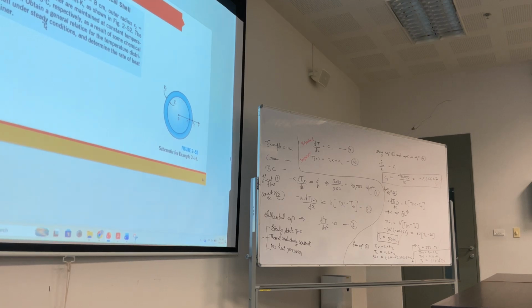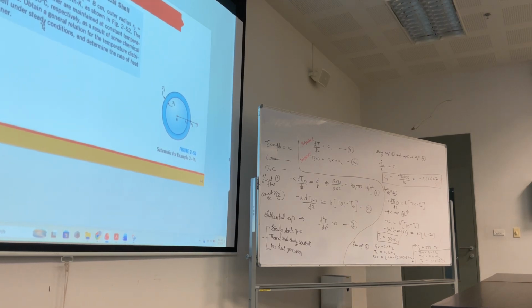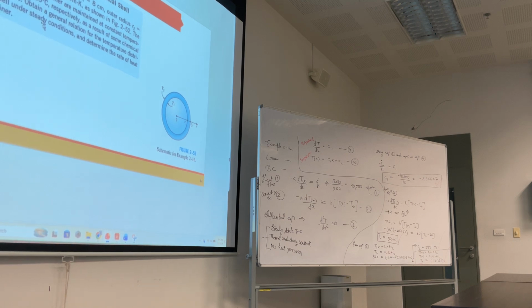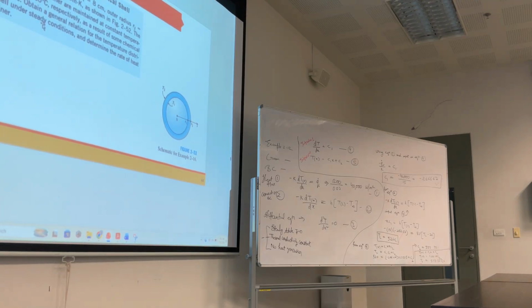Temperature is given. There is no mention of heat flux, no mention of convection, no mention of radiation, no mention that it's an interface boundary condition, no mention of thermal symmetry. And every question has at least 2 boundary conditions. So in this numerical, the boundary conditions are specified temperature, which is T1 and T2.